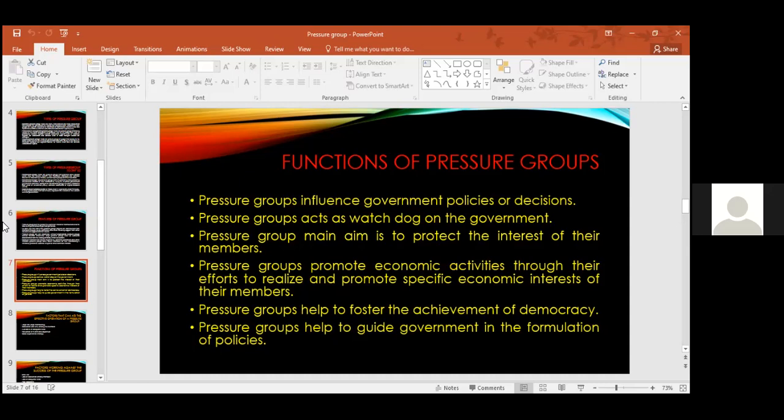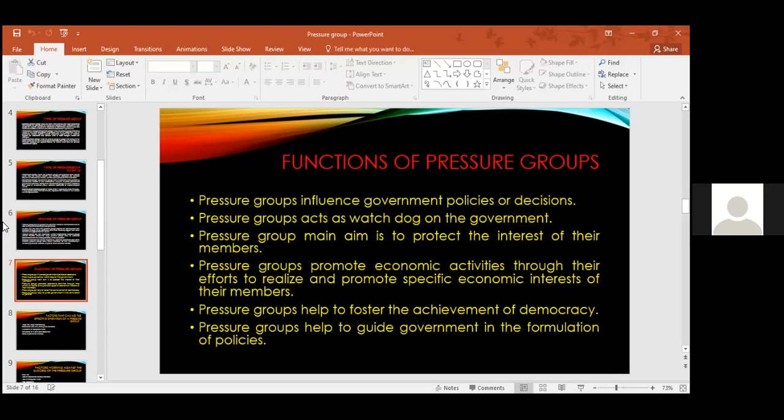We have the fourth one. Pressure groups promote economic activities through their effort to realize and promote specific economic interests of their members. Now, what are we talking about? Like I said in the types of pressure group, we have the economic pressure group. These ones are in charge of ensuring that anything that has to do with the economy will benefit the masses and benefit the economy.